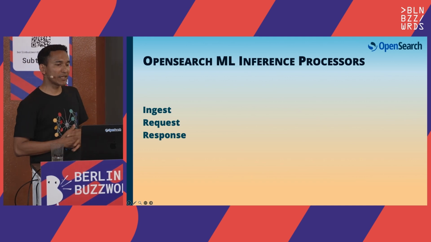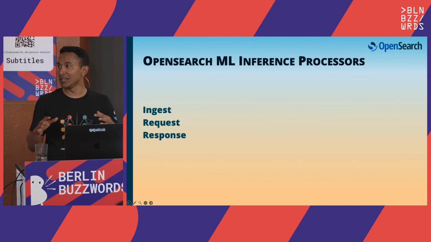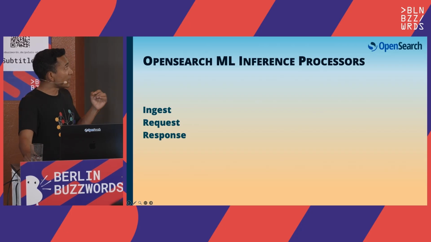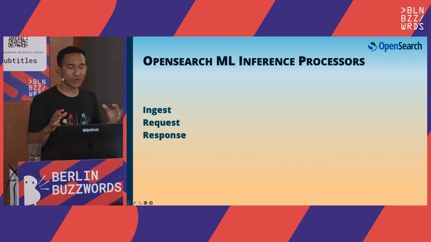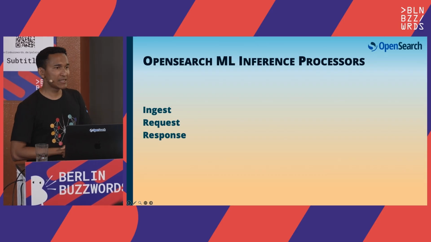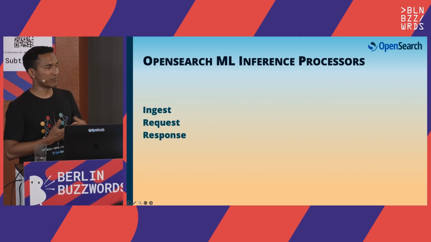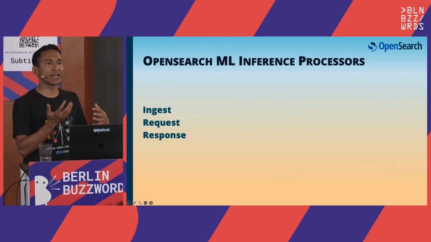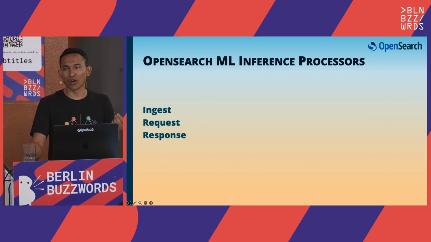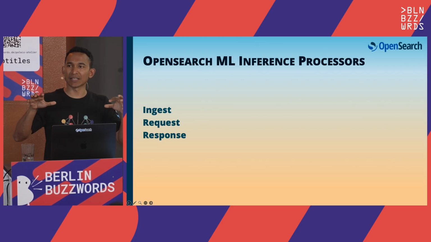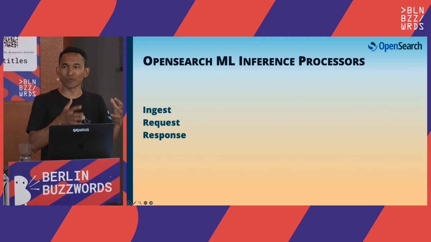And we are incorporating this multimodal search in our ML inference processor. The target of this ML inference processor is to have a more generic experience. For example, if we connect with any kind of remote model or LLM service like Bedrock, Anthropic, or OpenAI, every LLM has a different input-output format.